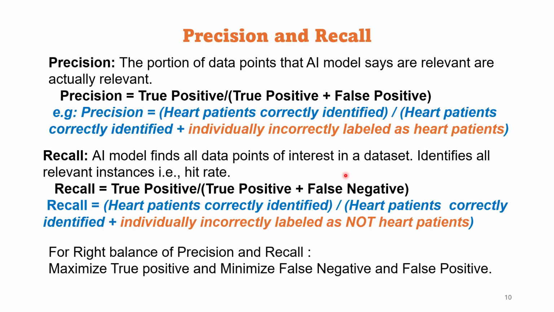Recall is calculated as true positives divided by the sum of true positives and false negatives. That is, heart patients correctly identified divided by heart patients correctly identified plus individuals incorrectly labeled as not heart patients.